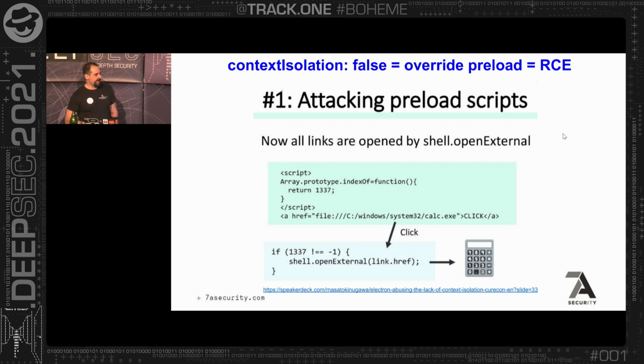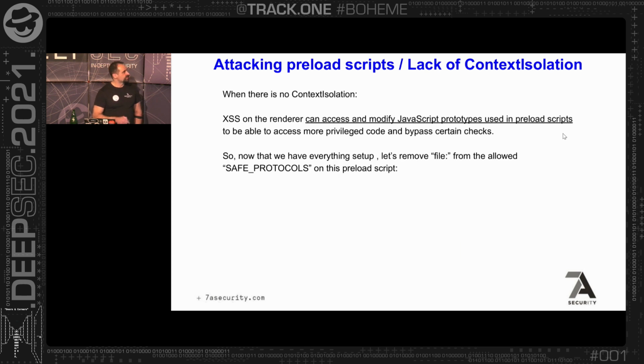Which is an Electron-specific sink. So if you can provide a file URL, you can get code execution here, right? So you can redefine the indexOf function in JavaScript to always return true. And then when this link is clicked, this will bypass the security check, and then you get code execution. This will make more sense. We will break this down now in the demo.